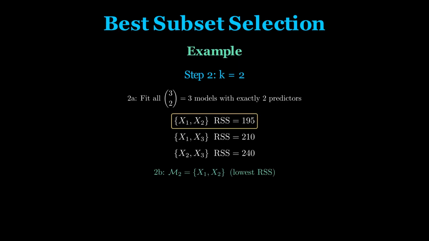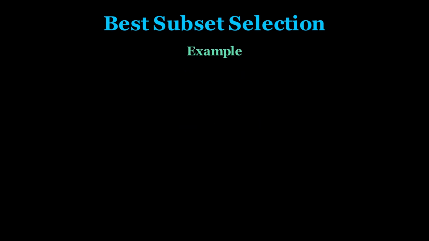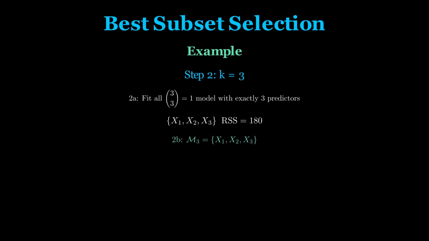The model with x1 and x2 has the lowest RSS at 195, so M2 equals the set containing x1 and x2. For k equals 3, there is only one model, which includes all 3 predictors. That model has an RSS of 180, so M3 is the full model.